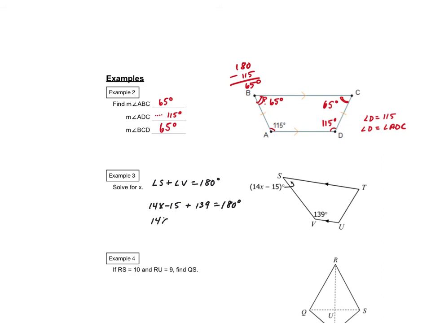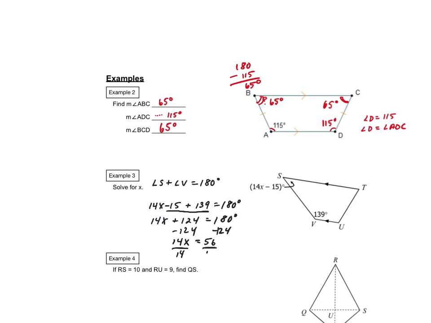So combine like terms: 139 minus 15 is going to be 124, and that plus 14x equals 180 degrees. Then I am going to subtract 124 from both sides, and 14x is going to be equal to 56.